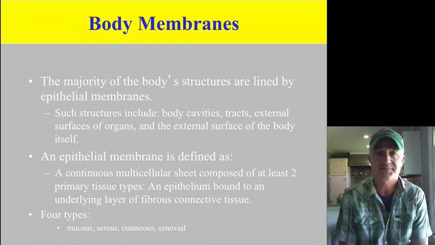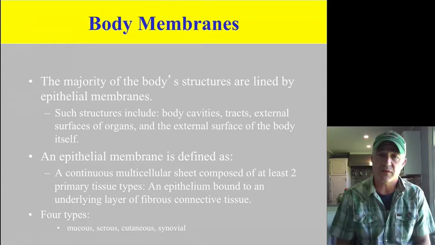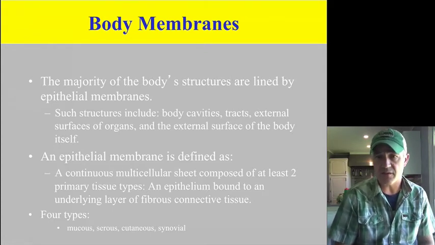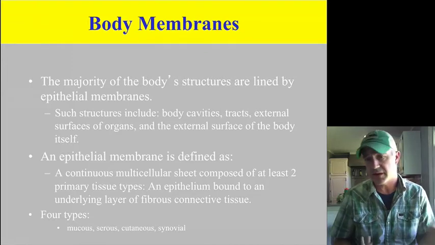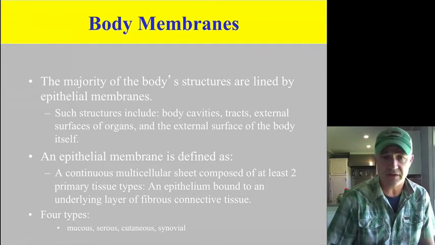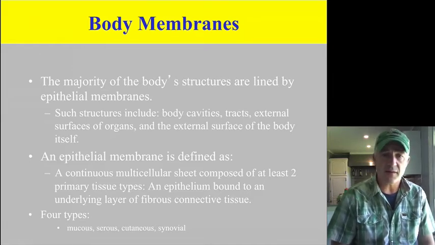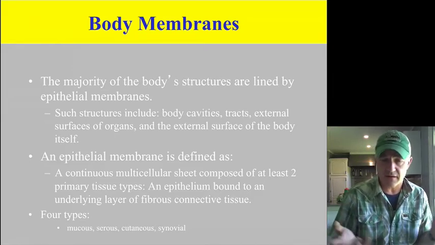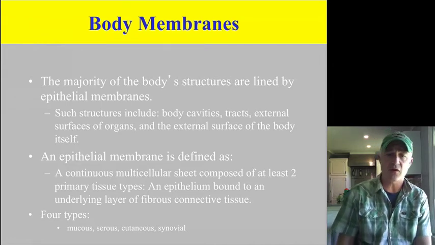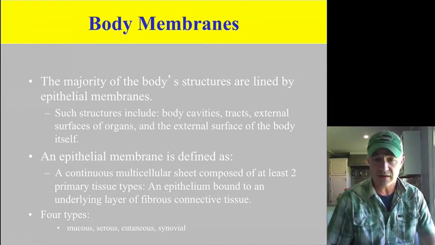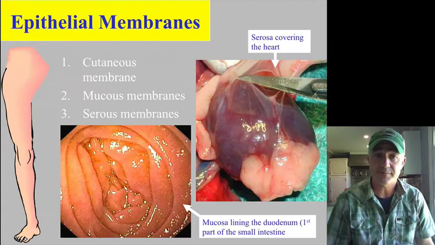The different body membranes: we've talked a little bit about serosal membranes. Those are ones that line the different body cavities, like the ventral cavity, the peritoneum, the visceral and parietal peritoneum that I talked about in a previous show. All these membranes are epithelial in nature. We're just coming back to touch on this here. You can see that there are four main types of membranes: mucous, serous, which we've already talked about, cutaneous, and synovial.